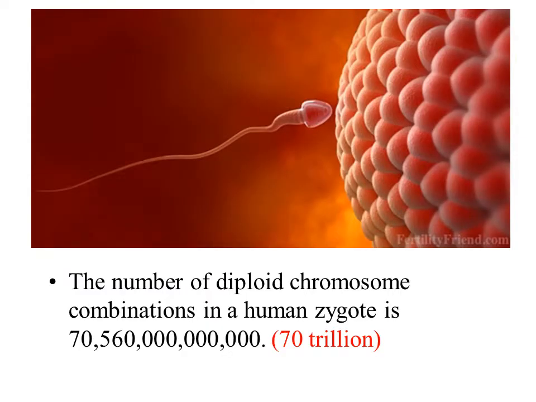So the number of diploid chromosome combinations in a human zygote is going to be 70 trillion, if you take into consideration your dad probabilities versus your mom probabilities.